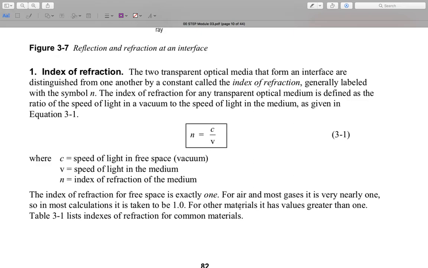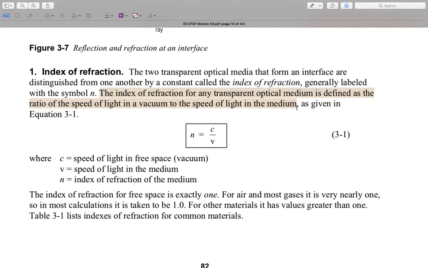The index of refraction for any transparent optical medium is defined as the ratio of the speed of light in a vacuum to the speed of light in the medium, as given in equation 3.1.